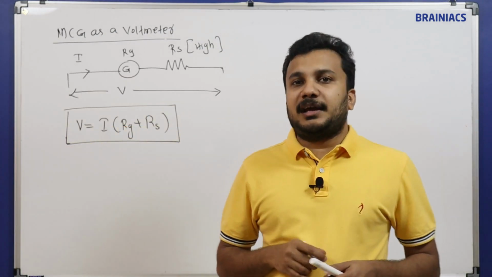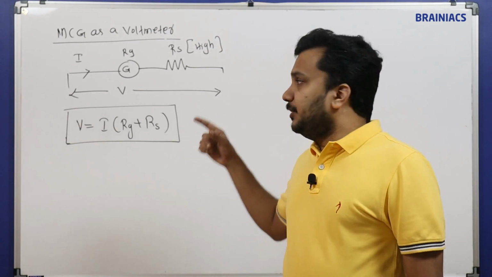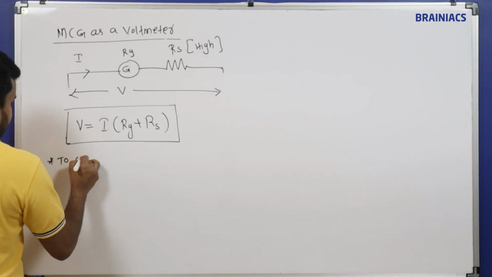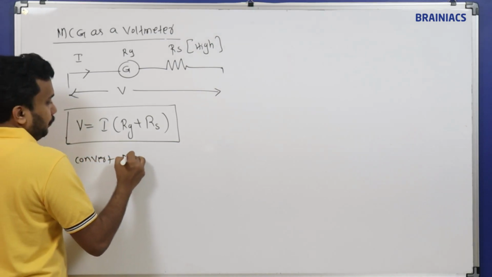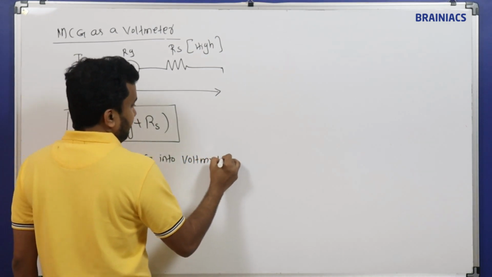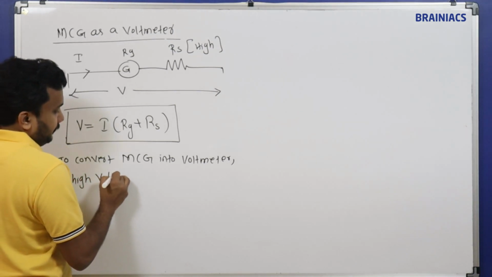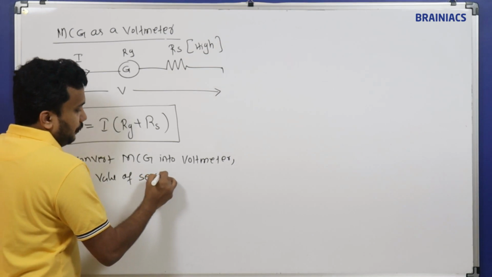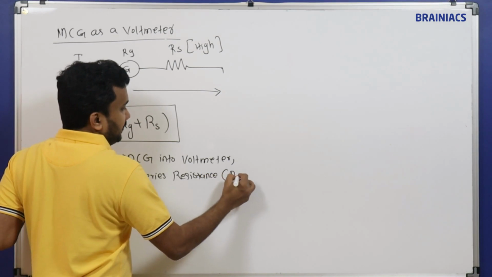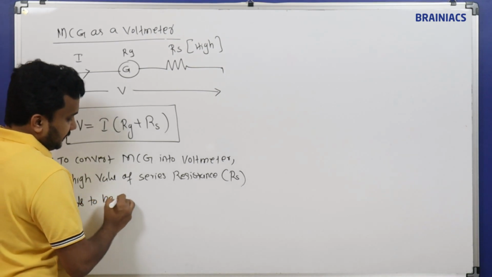So to convert a moving coil galvanometer into a voltmeter, what do we need to do? We need to connect a high resistance in series. So write down the statement: to convert a moving coil galvanometer into a voltmeter, a high value of series resistance Rs needs to be connected in series.